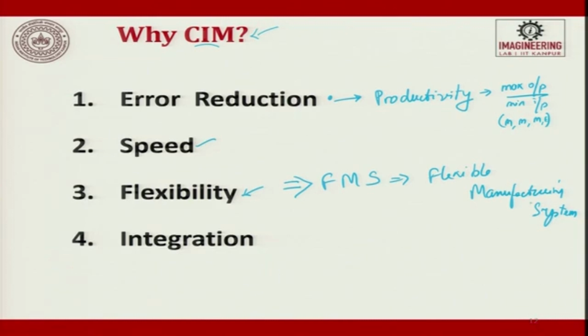Because the changeover time from one product to the other, they would try to optimize and do very quickly. So, that is why flexibility comes into existence. If you talk about a CNC machine, it has flexibility in tools. So, you can make any shape, every shape, provided those tools are available in the CNC machine magazine.